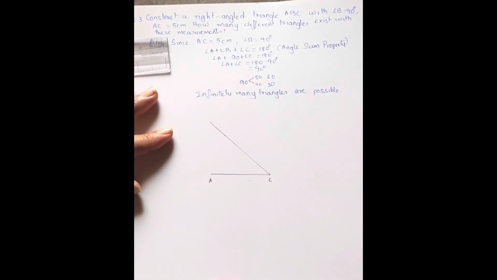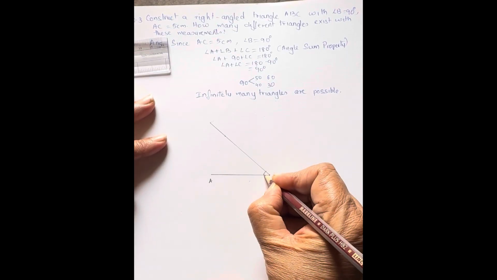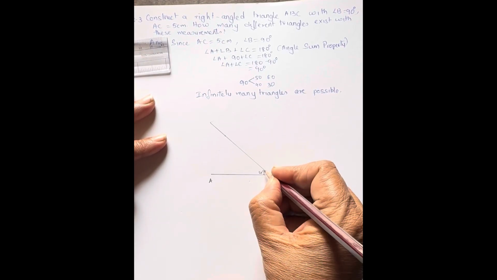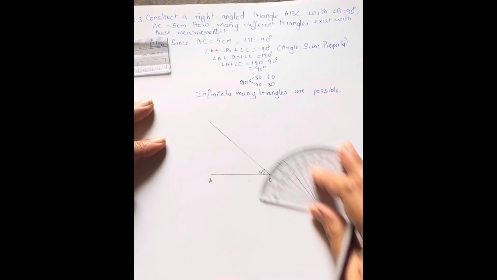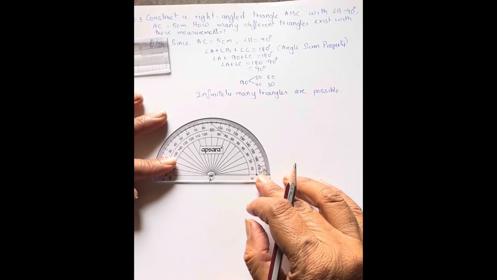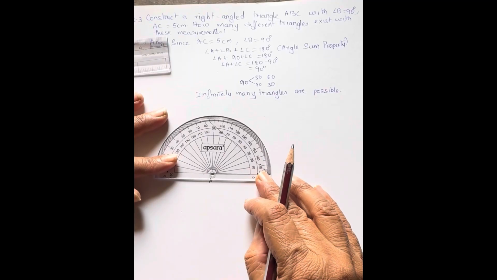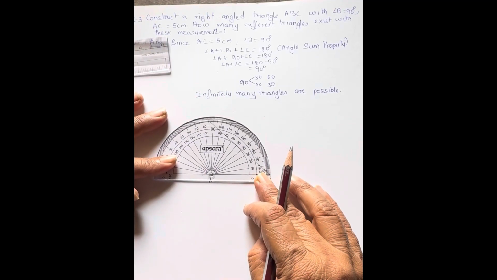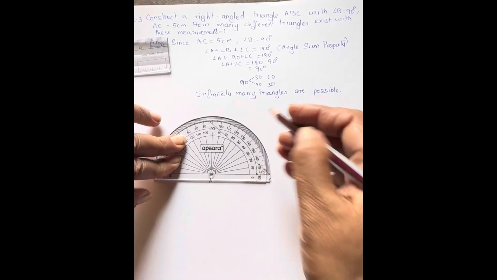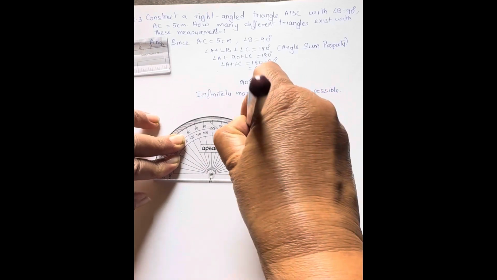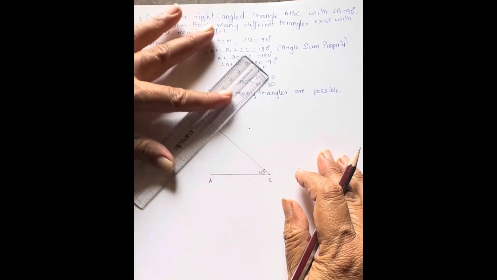Draw it a little longer, and then if this is 40 degree, this has to be 50 degree because the sum should be 90 degree as we just calculated. So now we just match this and draw, show 90 degree here and join these 2 points.